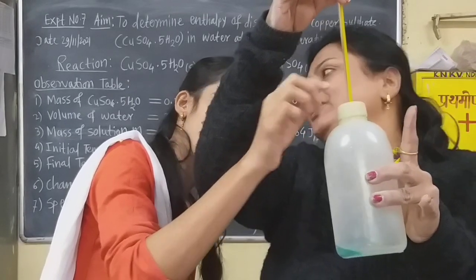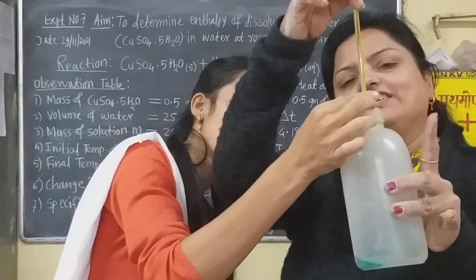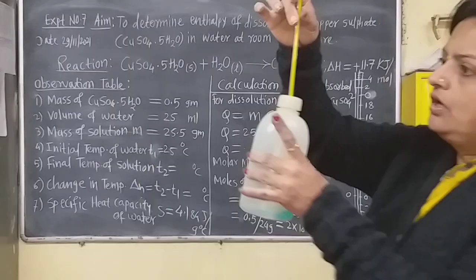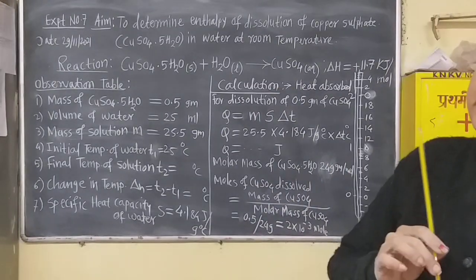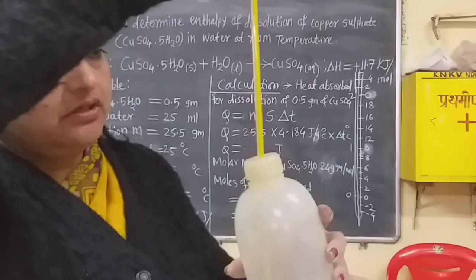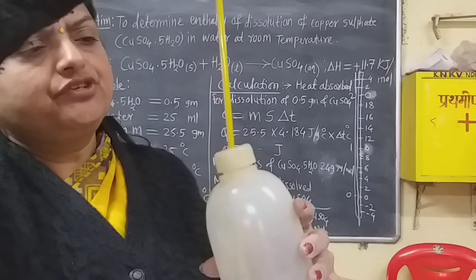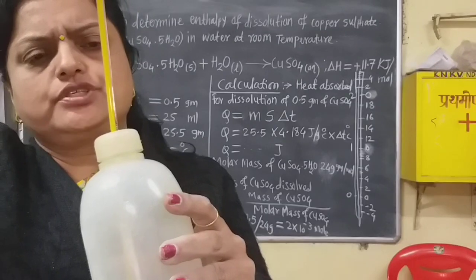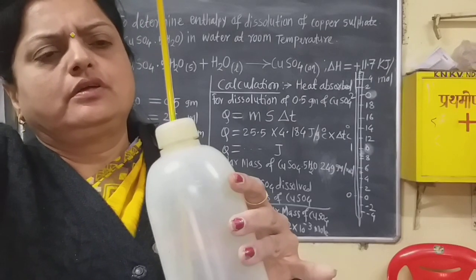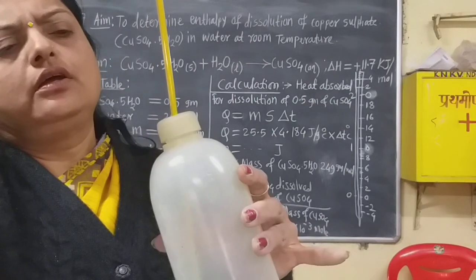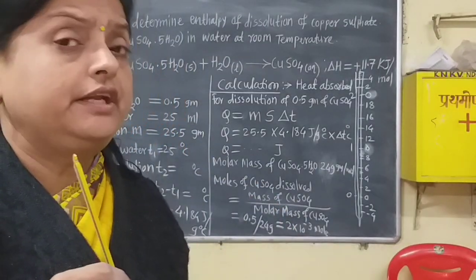Below 25, isn't it? Now there is a decrease below 25. The temperature has decreased. Now see here 20. Now this is nearly 1 degree decrease.